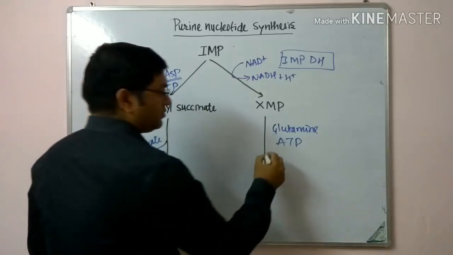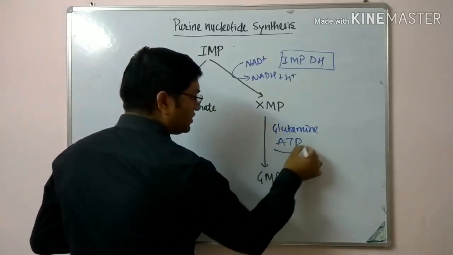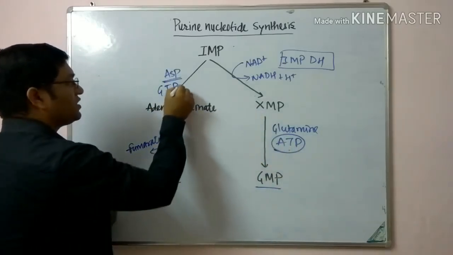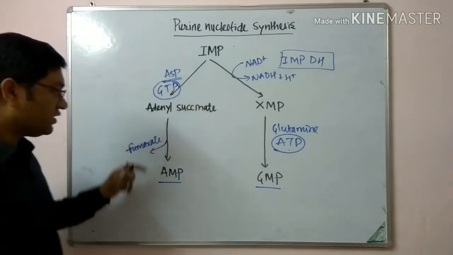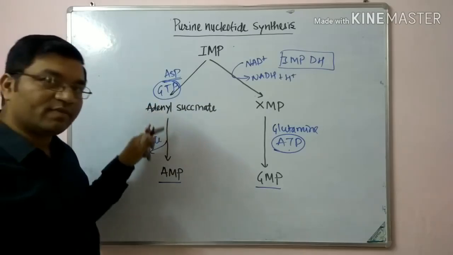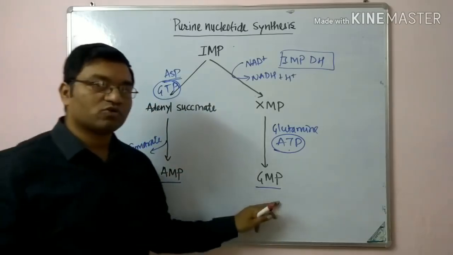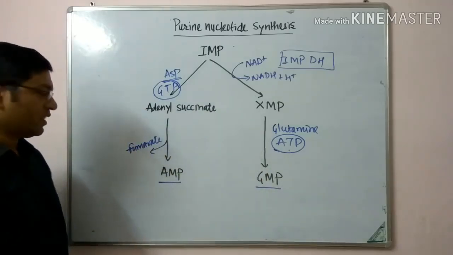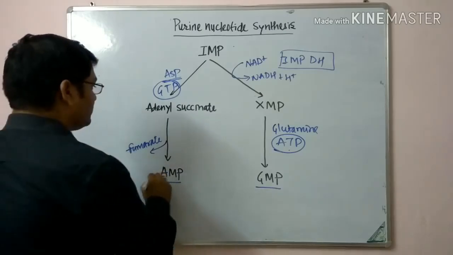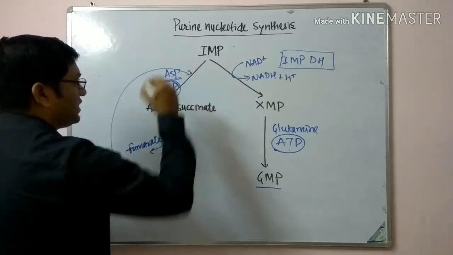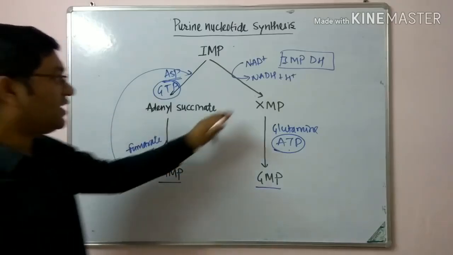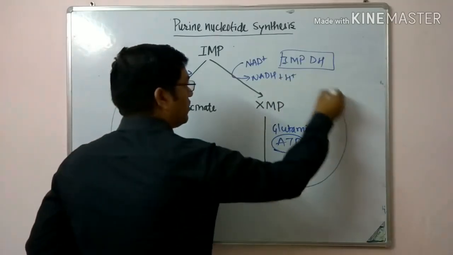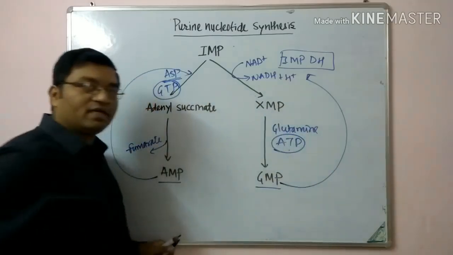So there is cross regulation. Synthesis of GMP requires ATP and synthesis of AMP requires GTP. If one nucleotide is deficient, there is deficiency of the other nucleotide too. So this is the importance of this cross regulation. Also these enzymes, that is adenylosuccinate synthase and IMP dehydrogenase, are under feedback control of AMP and GMP.